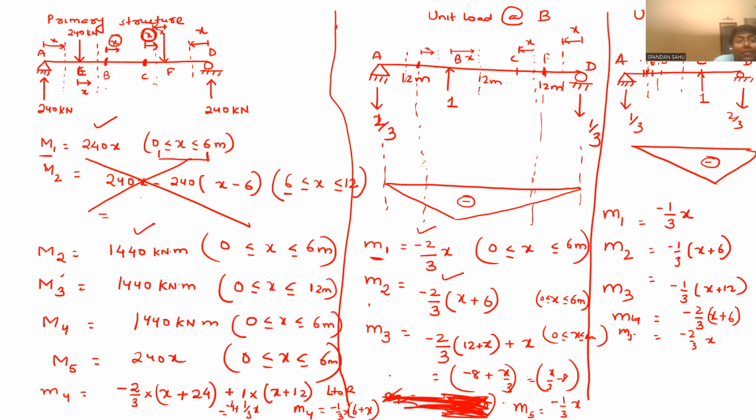We are simplifying the things; that is the complicated version you are asking. But in my notes, I have written M4 as minus 1 by 3. Okay, sir, we'll calculate.